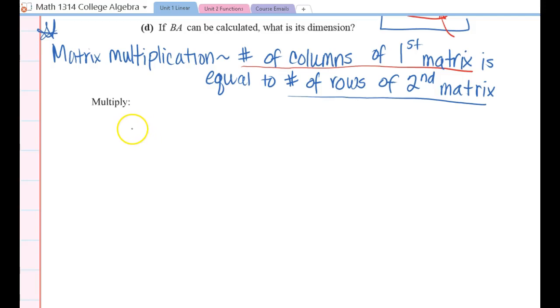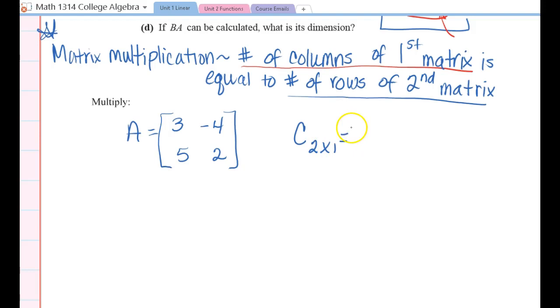Let's say we have matrix A, and matrix A is a 2 by 2 matrix, the one we mentioned before: 3, negative 4, 5, and 2. And let's say matrix C is a 2 by 1, and that is a 1, 6.